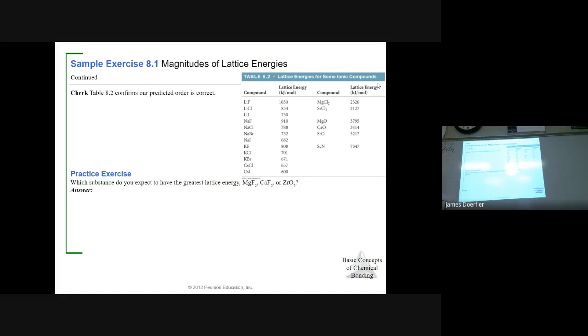So on here, we are asked this question not to place them in order, but to determine which one would have the greatest lattice energy. And our first thing we look at is what? Charge. Again, when we determine lattice energy, we can forget the signs. Who would you say has the greatest charge out of these 3?